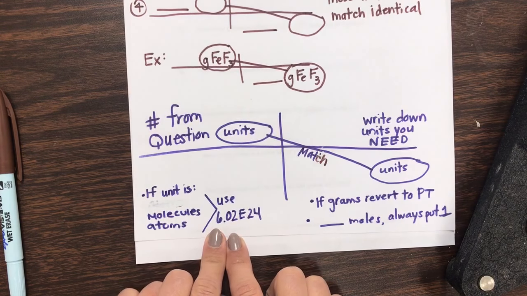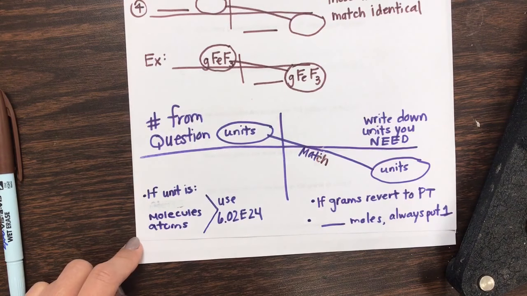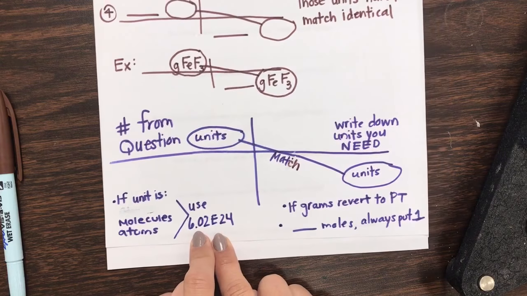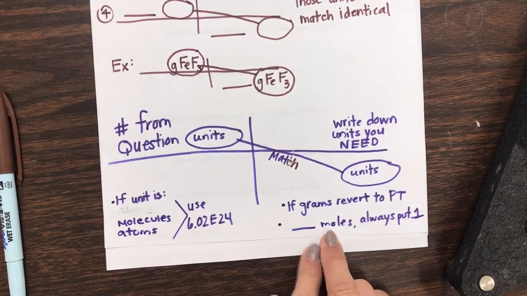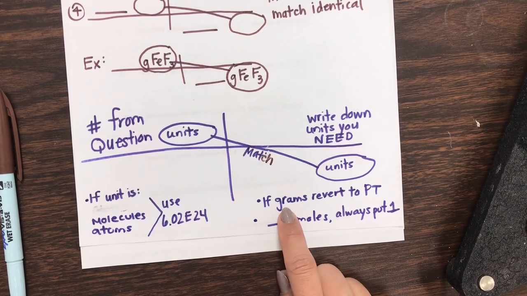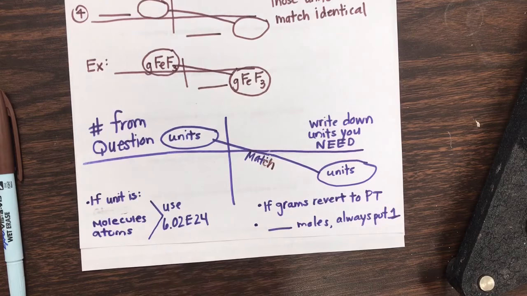So if anywhere one of the units is particles, molecules, or atoms, in front of it you're going to write Avogadro's number. If it is ever moles, in front of it you're always going to put a 1. And if you ever see the word grams, you're going to revert to the periodic table.